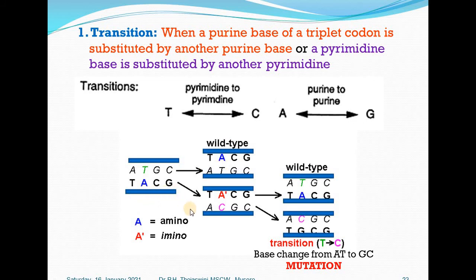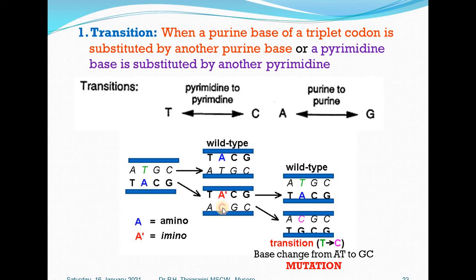When this strand undergoes replication, due to a mechanism wherein the amino form of adenine is converted into the imino form, the imino form is going to pair with C. Remember, in the normal case adenine is supposed to pair with thymine only. The normal case is the amino form.